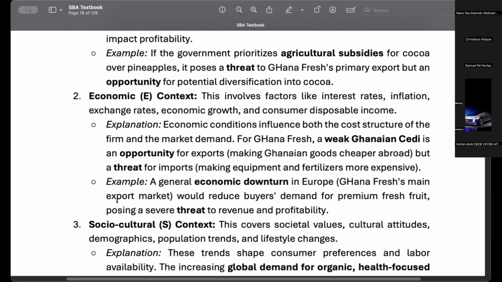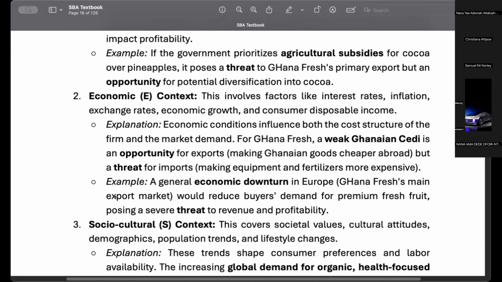If there's an economic downturn, people will not be spending more on premium products. There'll be very few slack resources to spend around. So they may end up spending their money on what is affordable, and your premium product then faces a threat to revenue and profitability.